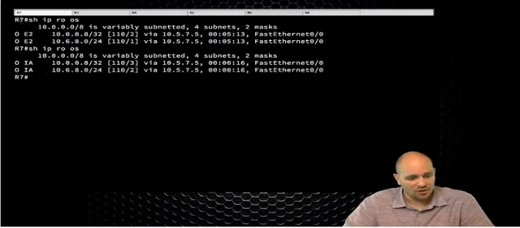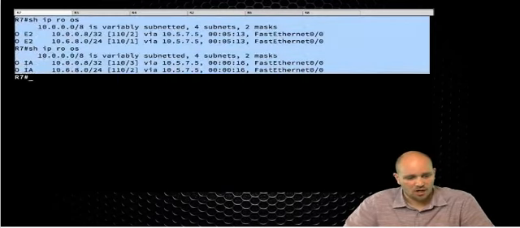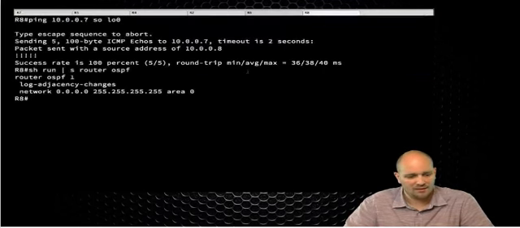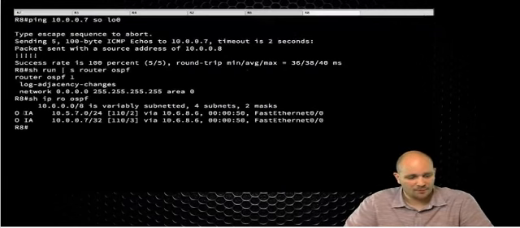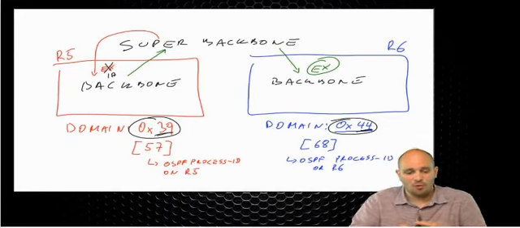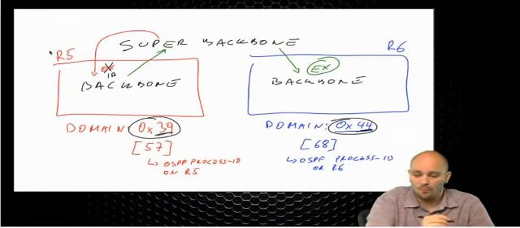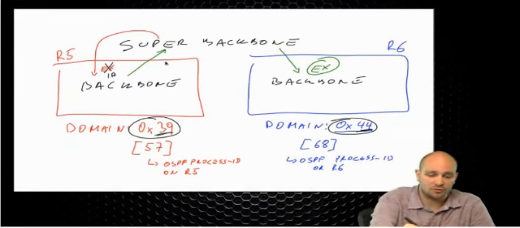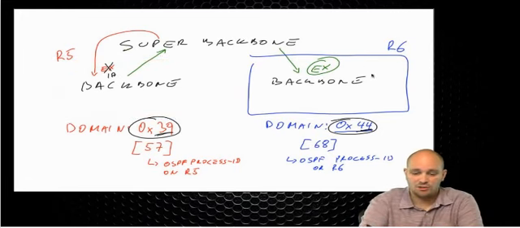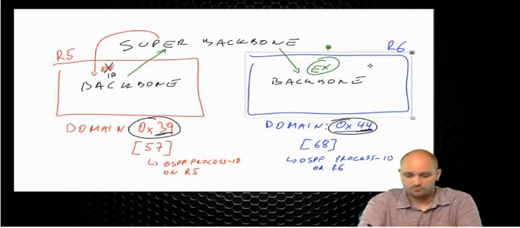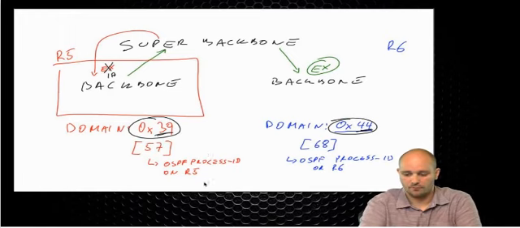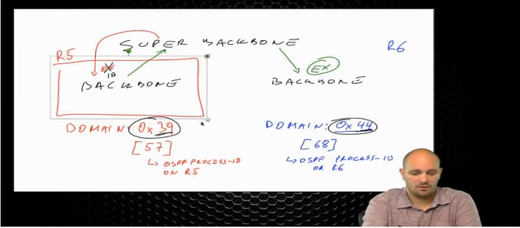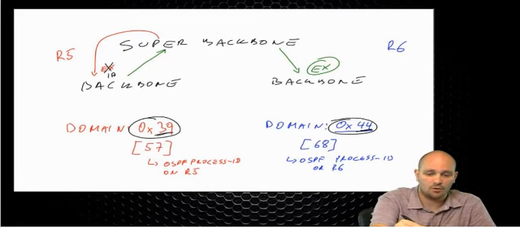As you can see here, I have done no changes on R7 in the meantime. I have done no changes on R8 in the meantime, and yet here the routes are now showing up as inter-area. Because now my OSPF on these two routers is treating these two here as the same domain.